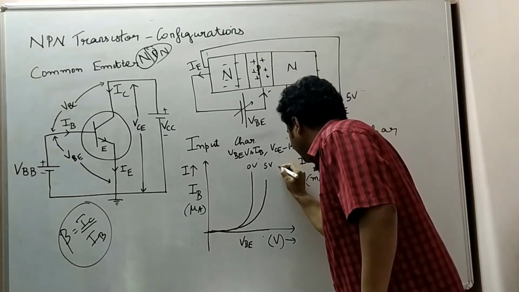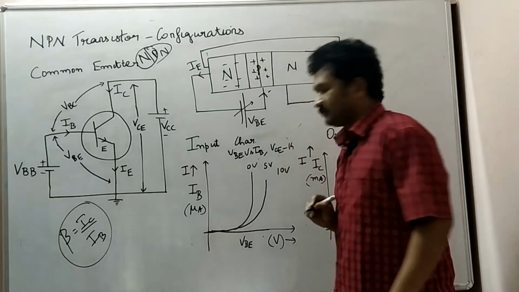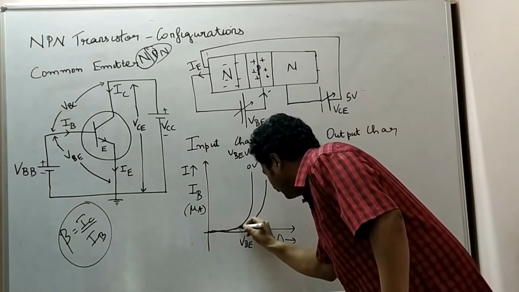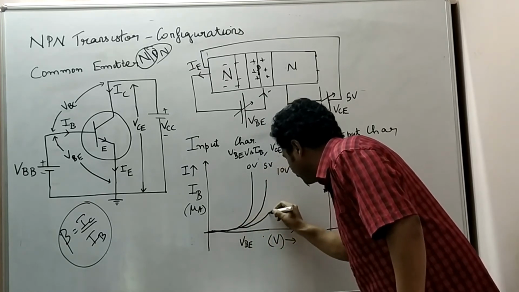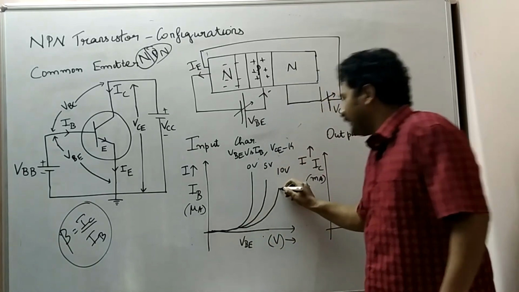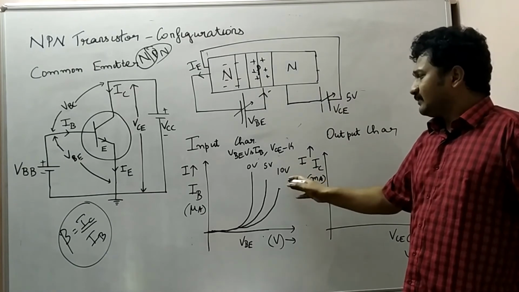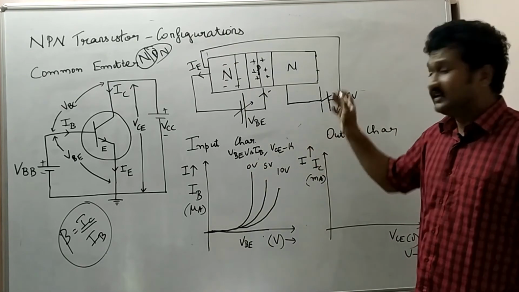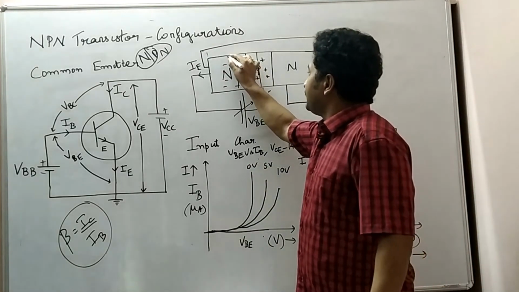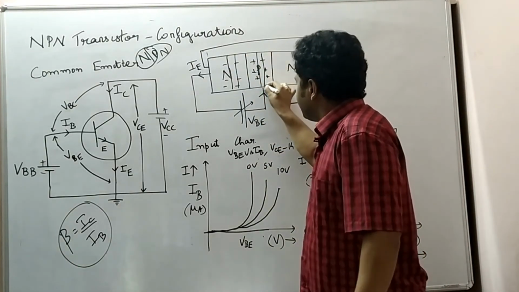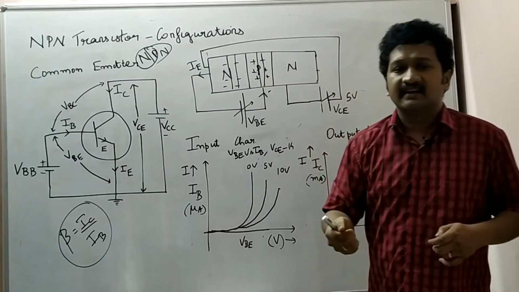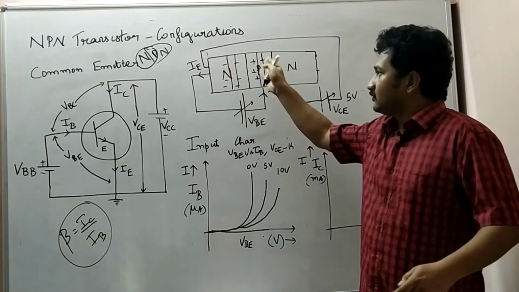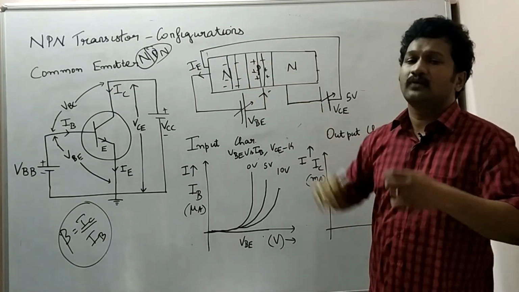Now I am keeping VCE at 10 volt. The same cut-in voltage, the curve starts to rise, but when you compare the base current, it will be the least when compared to VCE set for 0 and 5 volt, because when kept at 10 volt, there will be a further increase in the depletion region, which restricts the recombination of electrons and holes in the base and emitter region to a greater extent.